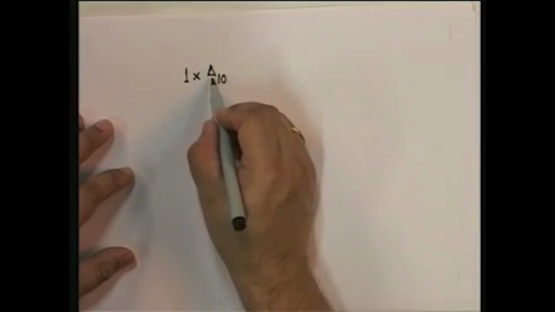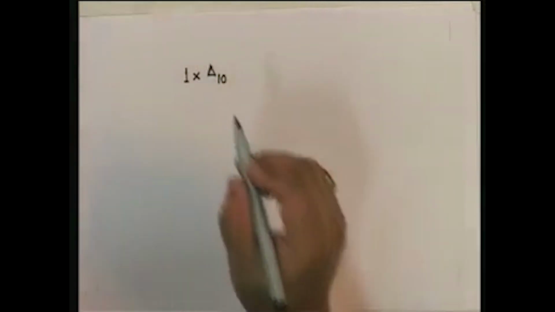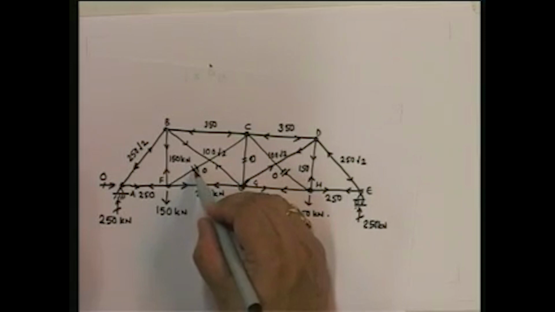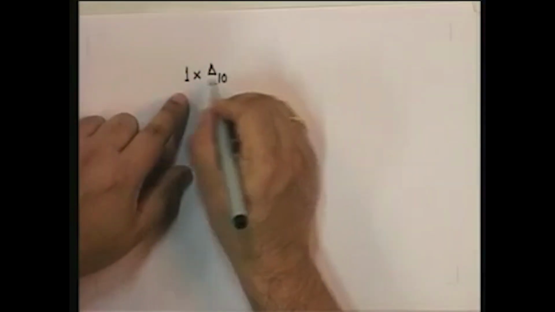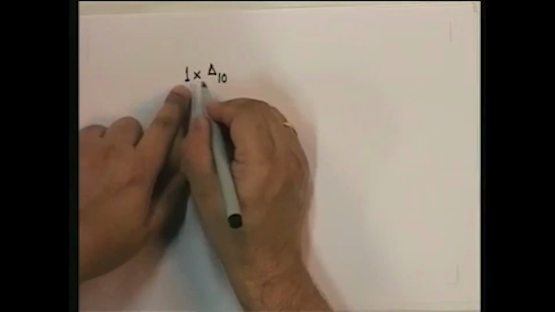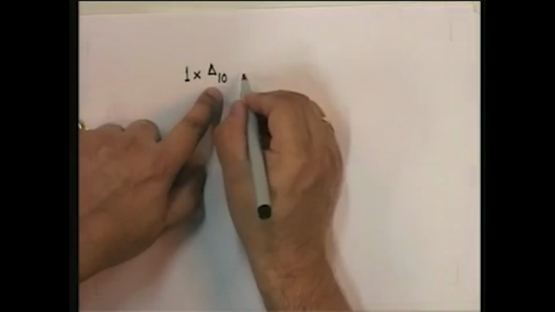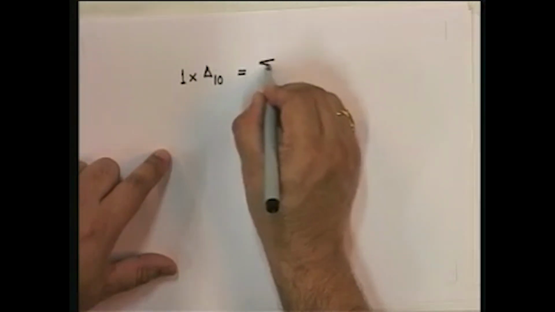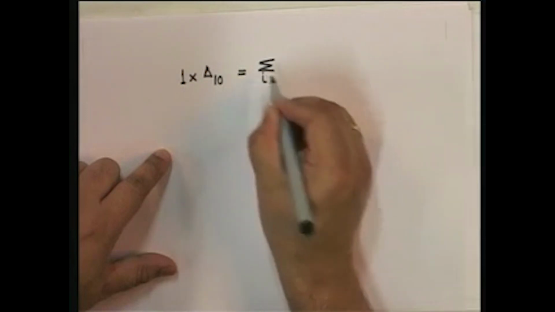This is the separation at this location, for this virtual displacement pattern, where I have put x1 equal to 1. So for that one, the virtual work is 1, the virtual force corresponding to delta 1,0, equal to the summation over all the members i.